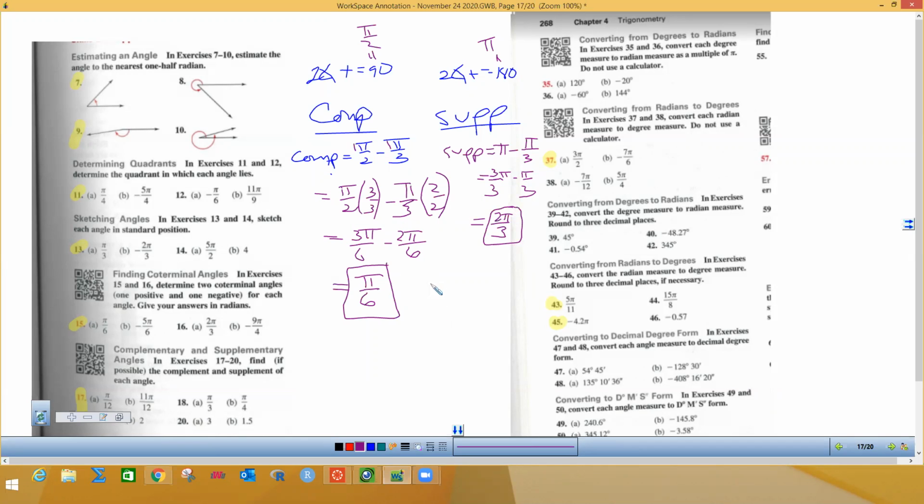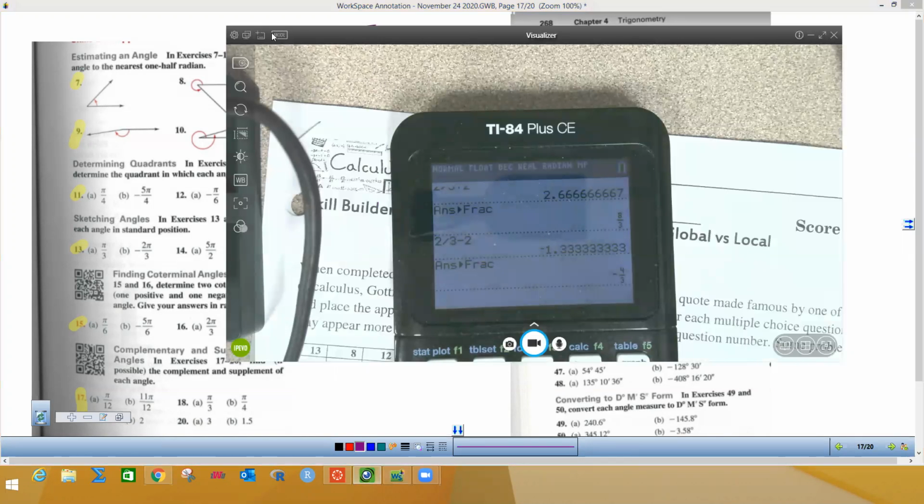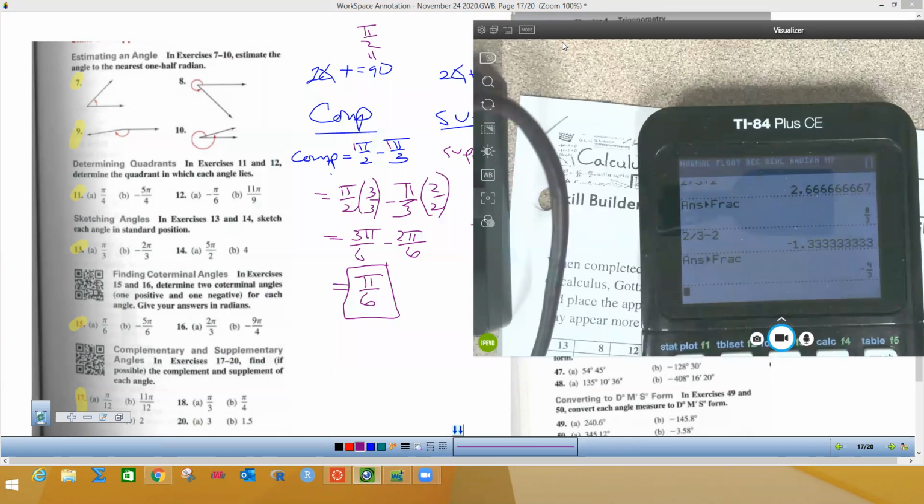But you can do this on a calculator again, because what you got to know is there's ones in front of here, and you can do your calculator just like I showed you without using the pi button. You're just going to use the fraction.